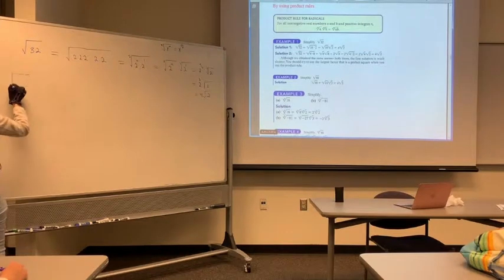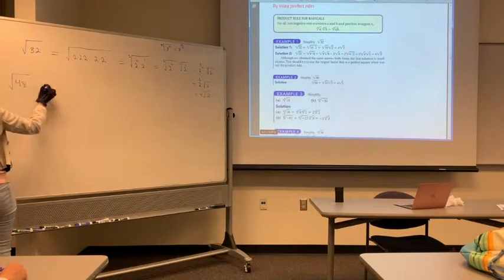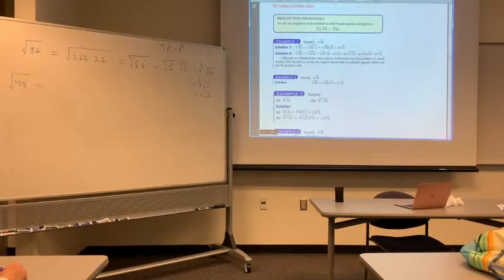Now, 48. We can also divide 48 by 2. If we divide 48 by 2, we have 24 multiplied by 2.